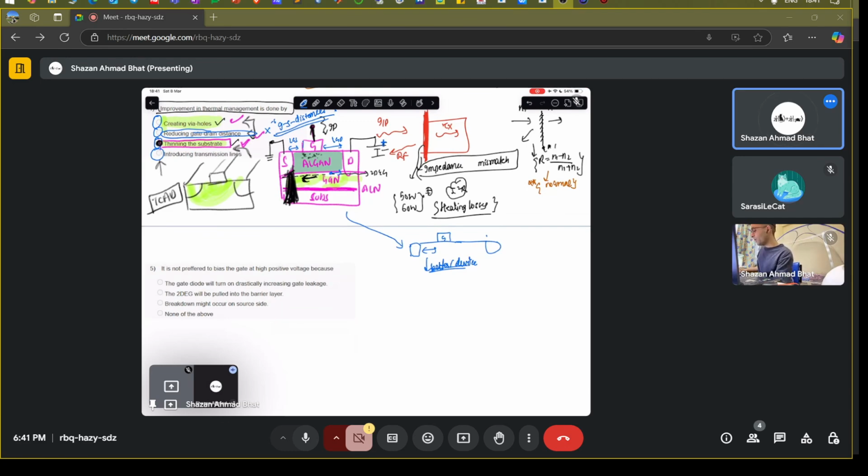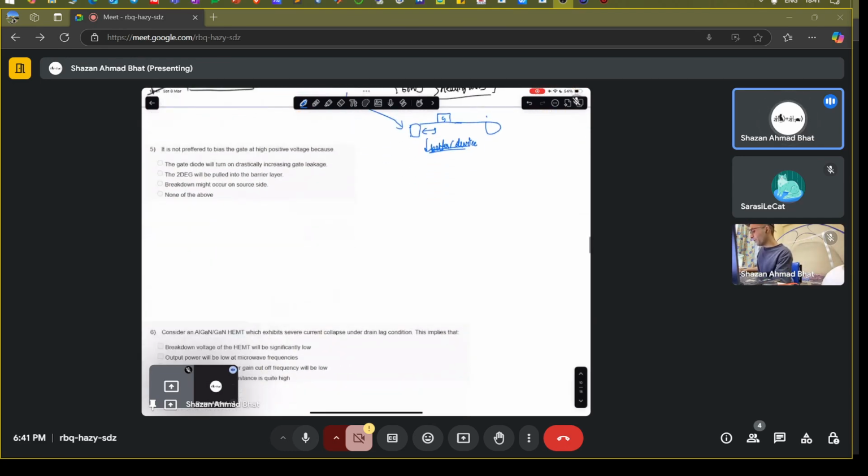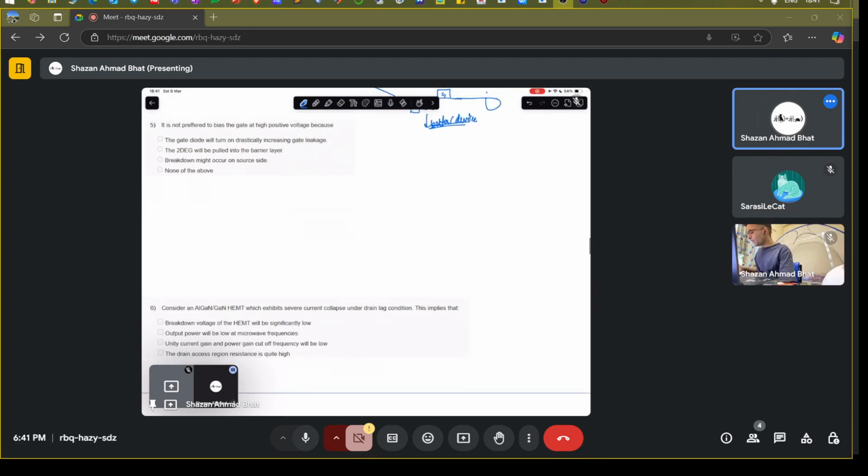Okay, so what next? It's not preferred to bias the gate at a high positive voltage. Why? It's quite simple. If you have an AlGaN structure, we are not mentioning the aluminum nitride layer here because it's 1 to 2 nanometers thin.